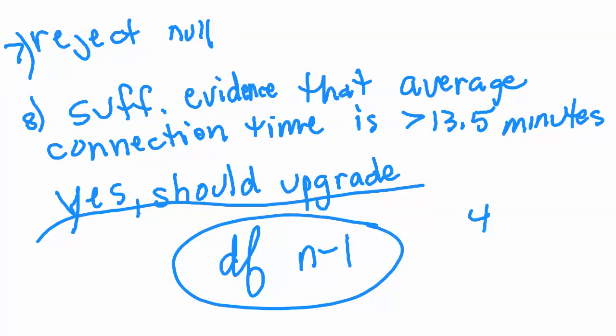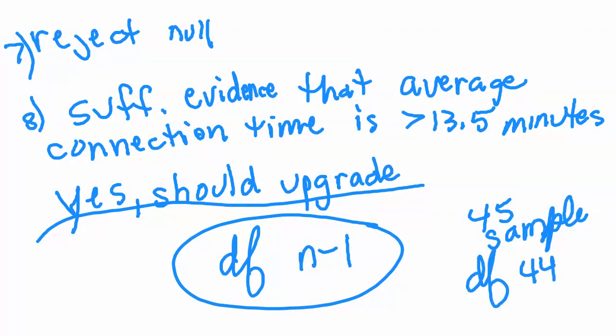So we had 45 in the sample, so degree of freedom would be 44. You only do that with the t-test. You only need degrees of freedom with the t-test.